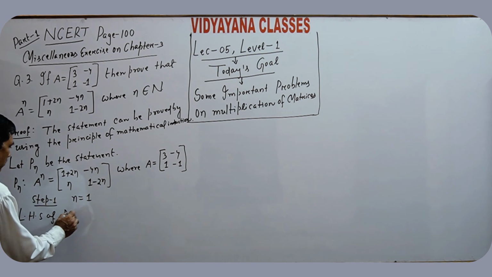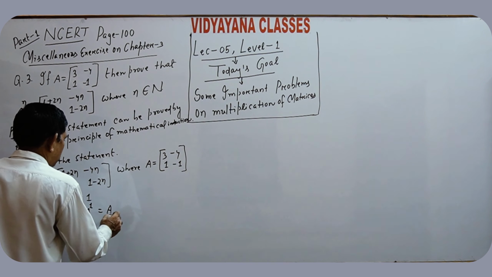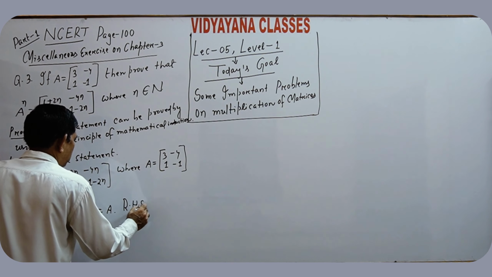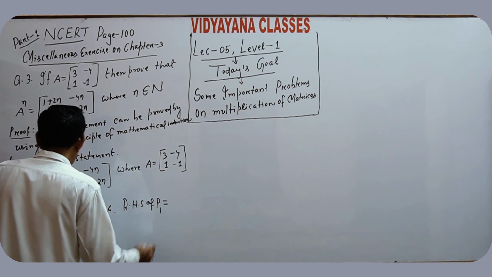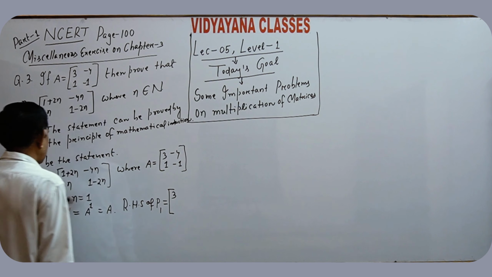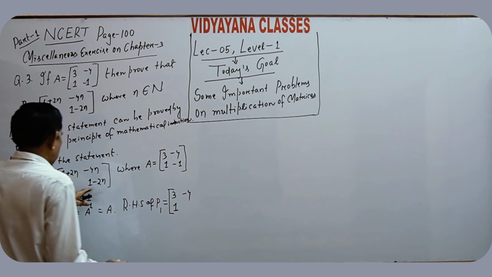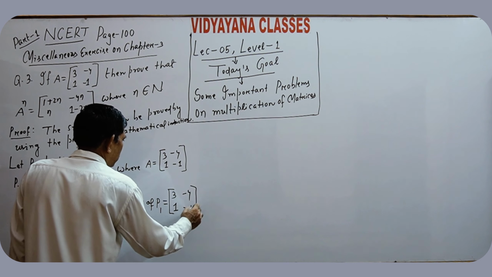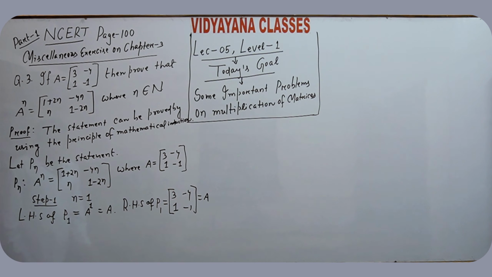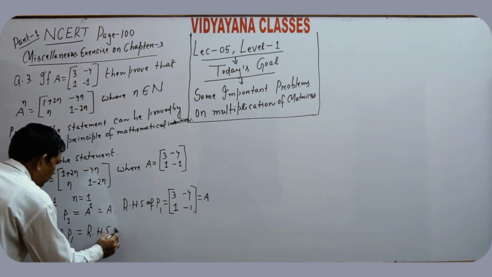The left hand side of P1 is equal to A to the 1, which is equal to A. The right hand side of P1 is 1 plus 2, that is 3, minus 4, 1, 1 minus 2, that is minus 1, which is equal to A. This implies the left hand side of P1 is equal to the right hand side of P1.